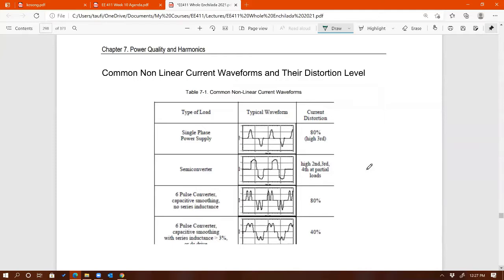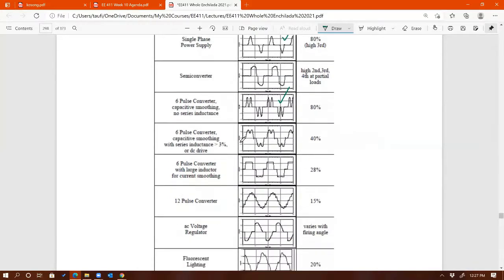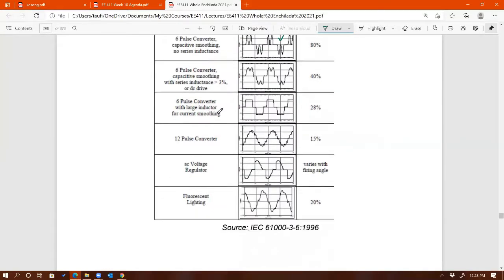And this is a table that shows common nonlinear current waveforms and their distortion level for your reference. A type of load, single phase power supply, you've already seen it twice. Semi-converter, 6-pulse converter, see that right there? The one that I drew earlier. That's a big capacitive load right there. 6-pulse converter, capacitive smoothing, right? That's with inductor filter, and 6-pulse converter with large inductor as well.